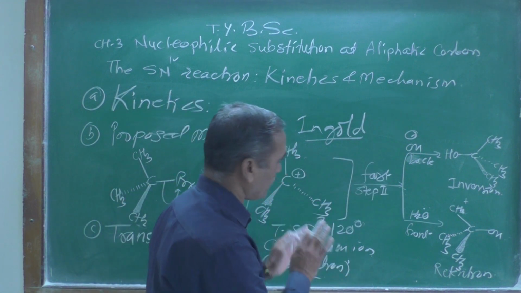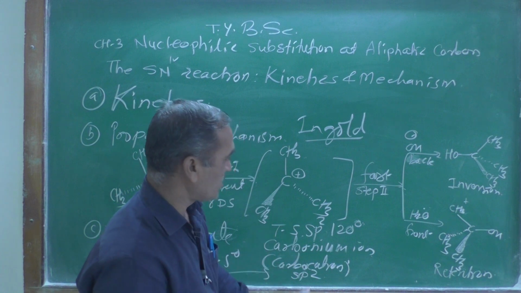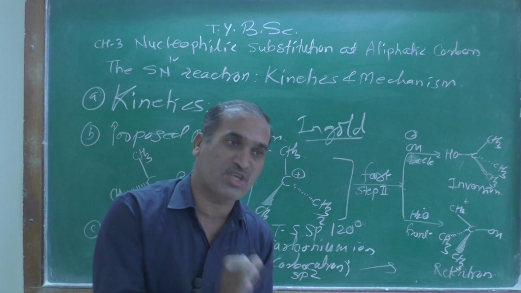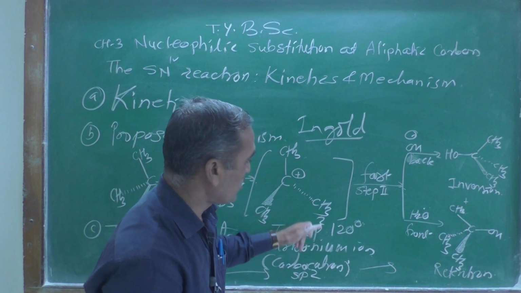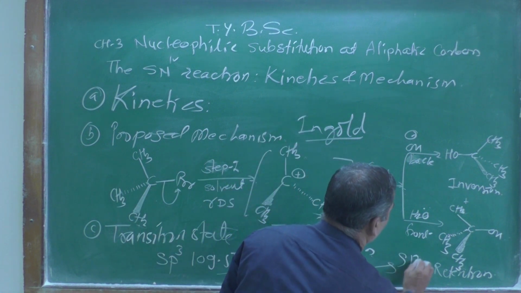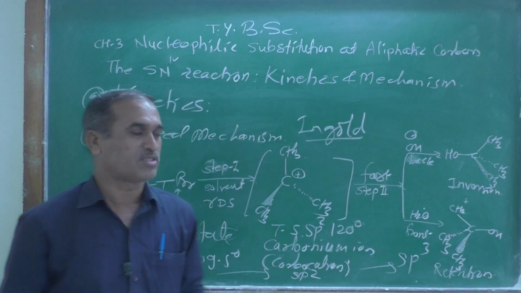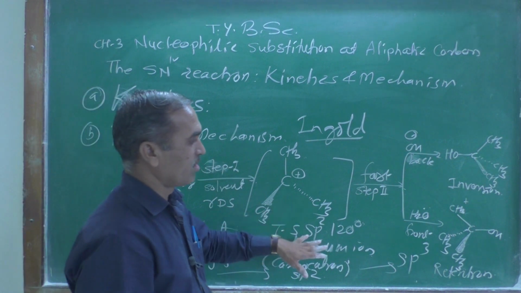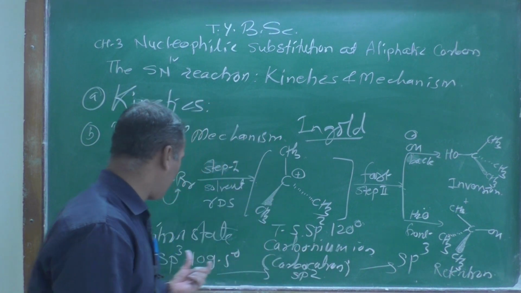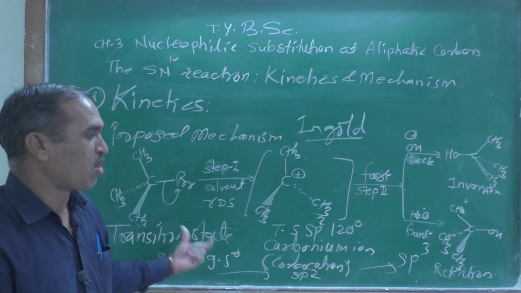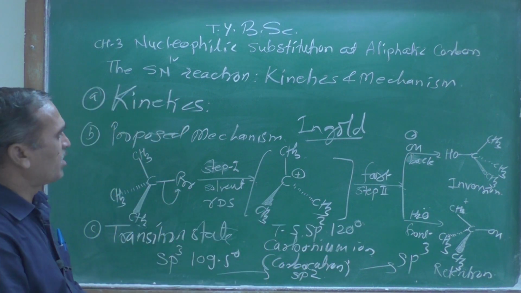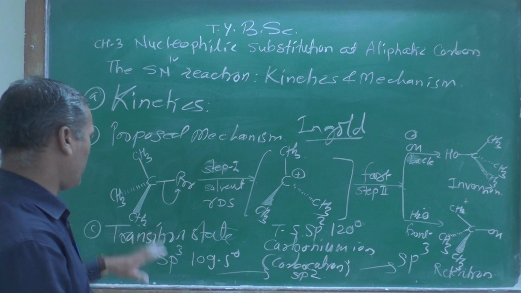When the product is formed, the hybridization changes again from sp2 back to sp3, tetrahedral geometry with a bond angle of 109.5 degree. So this is all about the transition state.